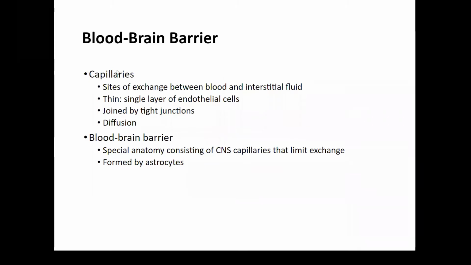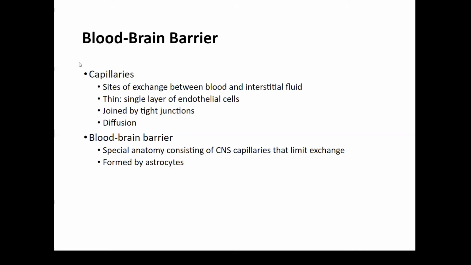So in most capillaries, where we have the site of exchange between blood and interstitial fluid, we have a thin layer of endothelial cells. They are joined by tight junctions, so those membranes are pressed against each other, but we'll see that in a lot of other places in the body, this layer of cells is a little bit leaky. We're going to allow some things to slip between the cells. We really don't want that to happen in the brain.